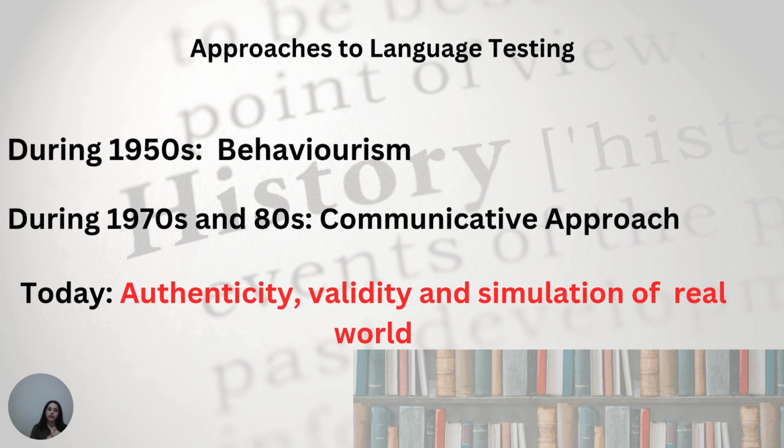Today, we use the communicative approach and the performance-based approach, but we focus on authenticity and real-life examples, real-life tasks, and the simulation of the real world. And remember validity, content validity: measuring your students accurately, in a correct way, and simulating the real world.